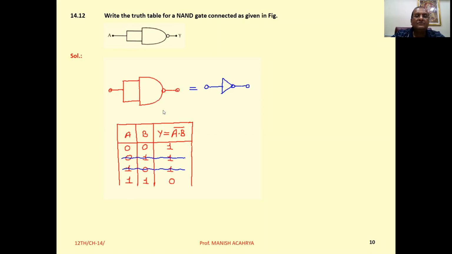Now see, first simply think about NAND gate. So input A, input B, then output that is not A and B, that is the NAND gate. 0 0 1, 0 1 1, 1 0 1, 1 1 0.